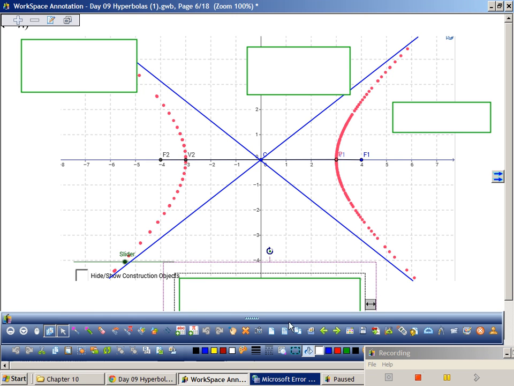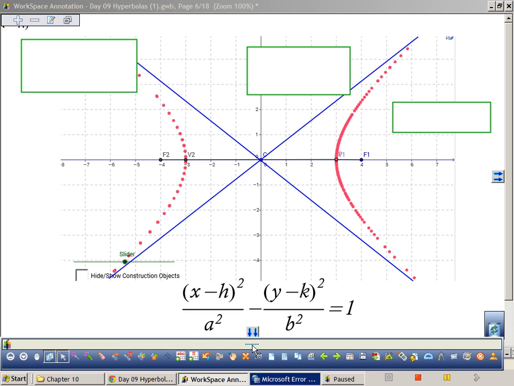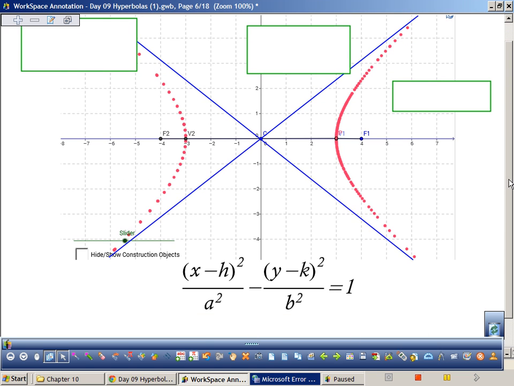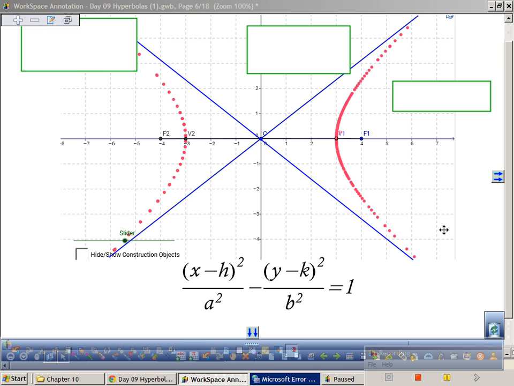Okay, so here is the equation of a hyperbola. There's the equation of a hyperbola. How does it look familiar to you? It does look familiar to you. It looks like an ellipse, just like Mitchell said. What'd you say, Mitchell?